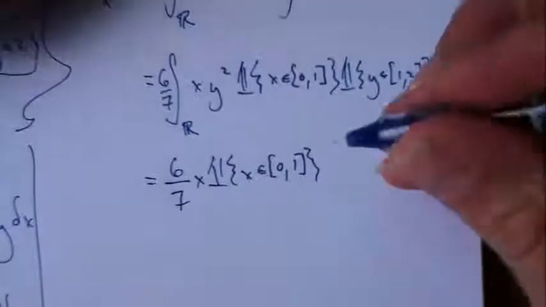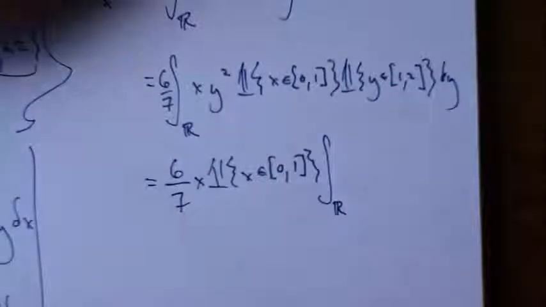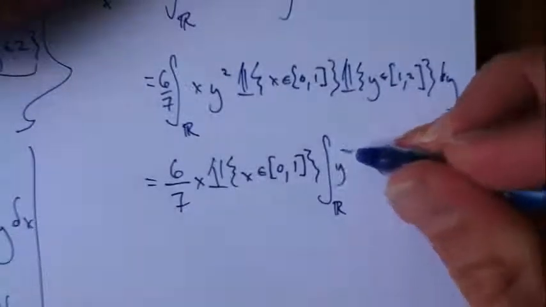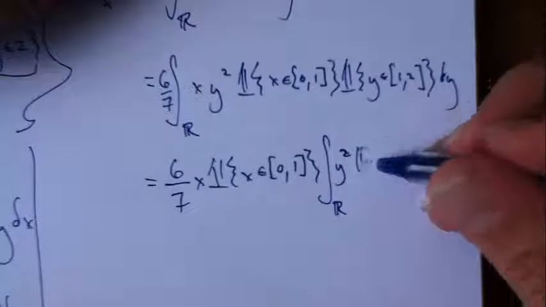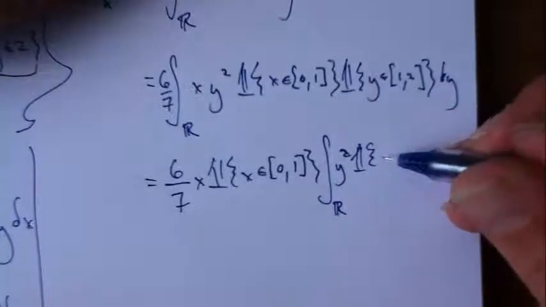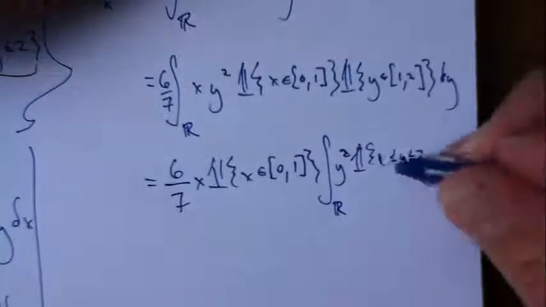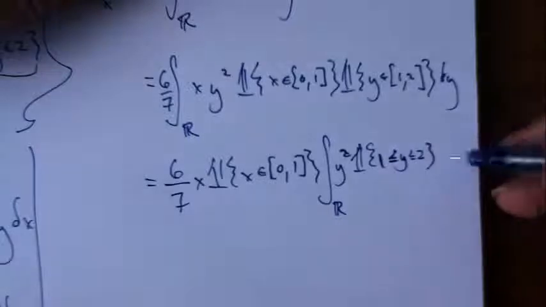Okay, and I'm just left with the integral of y squared times the indicator that y is between 1 and 2, dy.